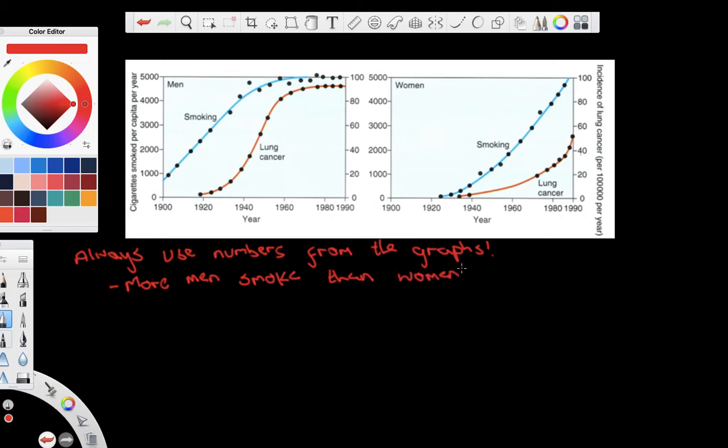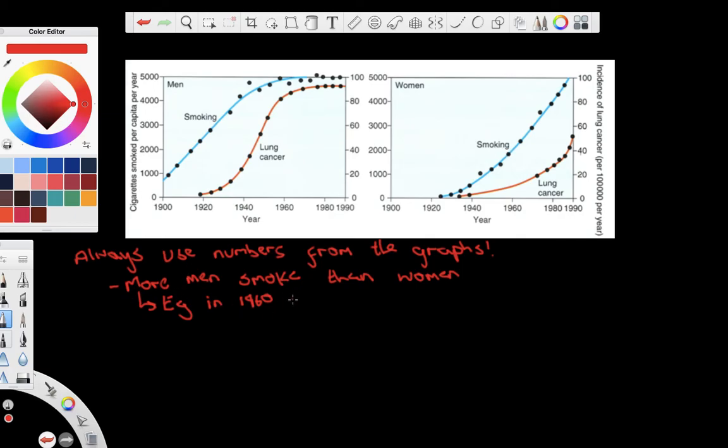And to back this up, because we've said from the start that we need to use numbers from the graph, we can say, for example, in 1960, I'm just picking one, there were about 5,000 cigarettes smoked per year among men, whereas among women in 1960, there were about 2,000 smoked per year.